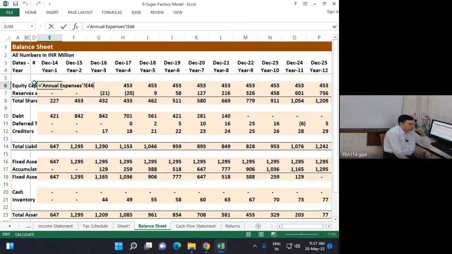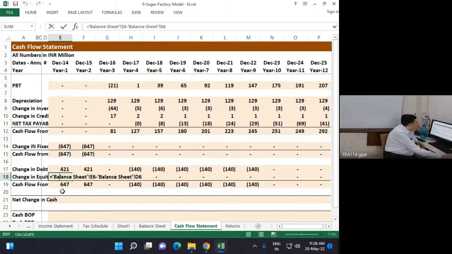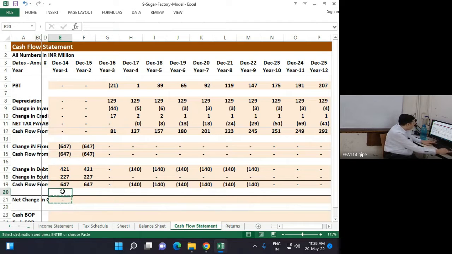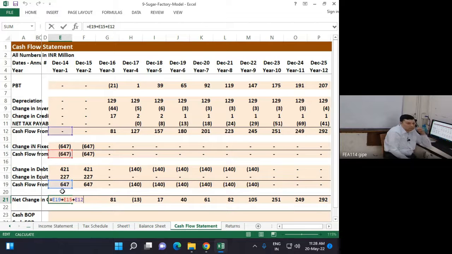Okay. Cash flow statement में numbers look like that. 227 plus in the first year, which is basically the money raised. So net change is operation plus investing plus financing.